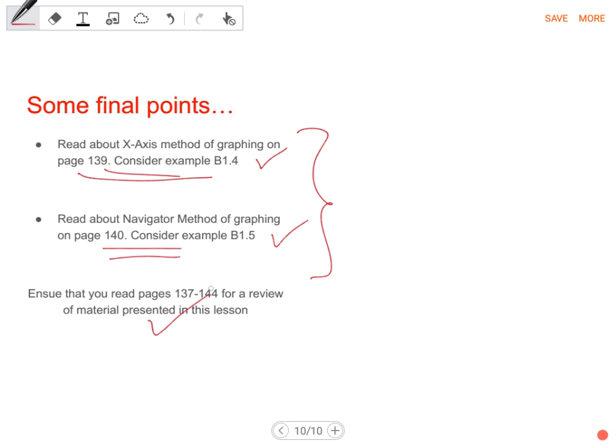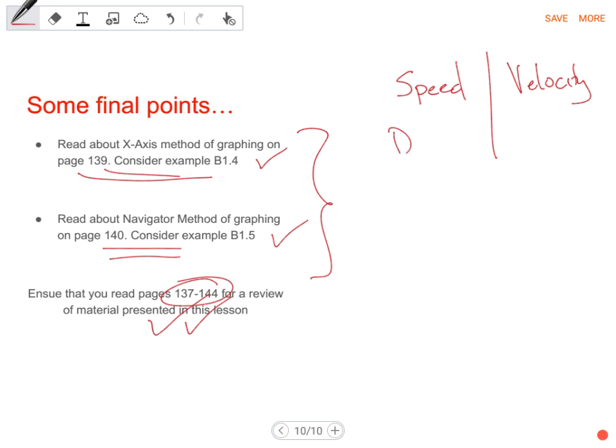I would watch this presentation again. I would certainly read 137 to 144. It's a crucial part of this physics unit. There are going to be questions related to this. I really, really hope that you know the difference between speed and velocity. And I hope you know how vectors and scalars play a role.